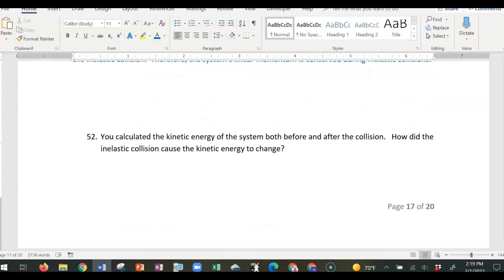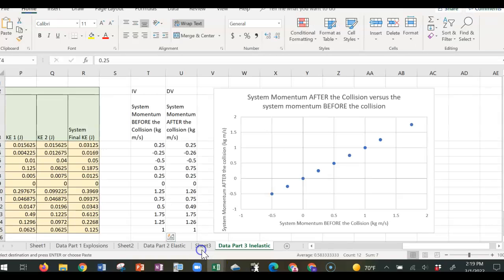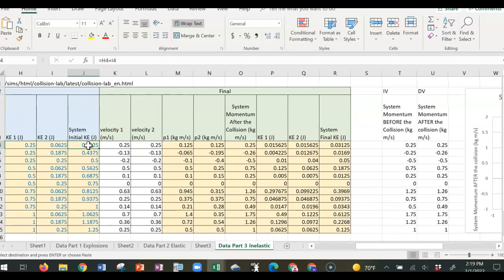Then the last question here is, you calculated the kinetic energy of the system both before and after the collision. Well, you know our spreadsheet calculated it. Let's just go look. Okay, so here's the final kinetic energy, and there's the initial system kinetic energy. Ooh, they're not the same. Look, I have 0.3125 joules before, and I only have 0.03125 joules after.